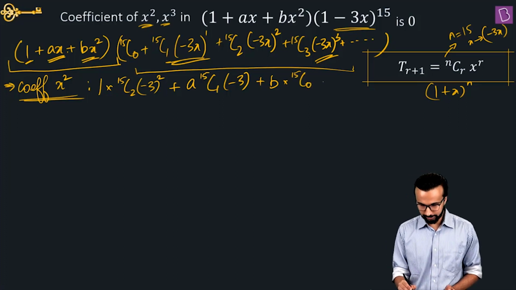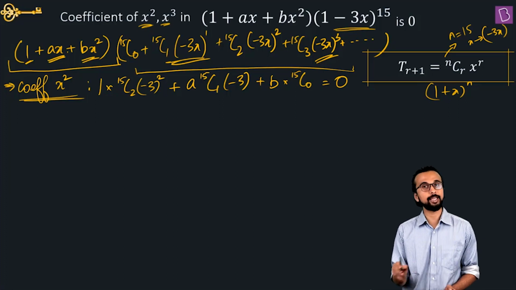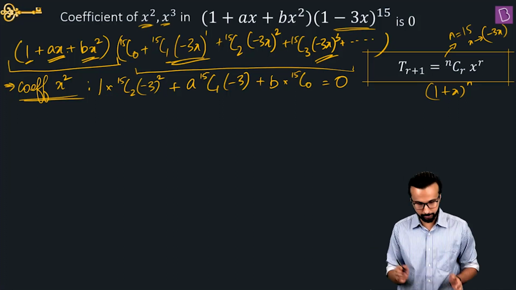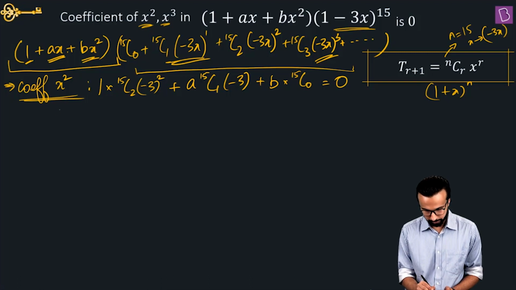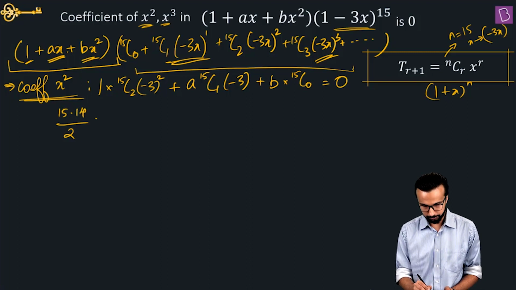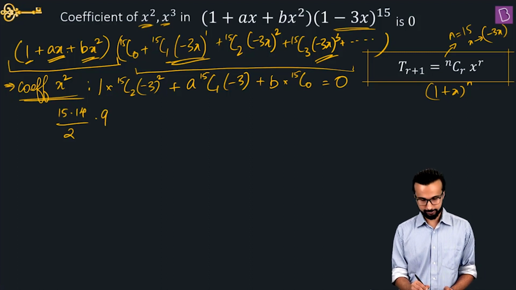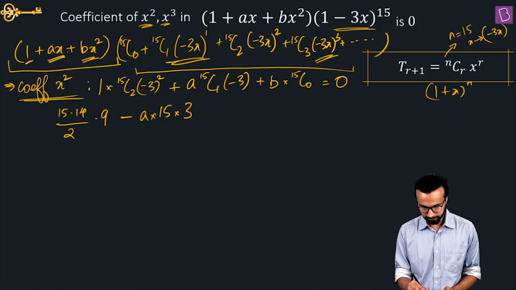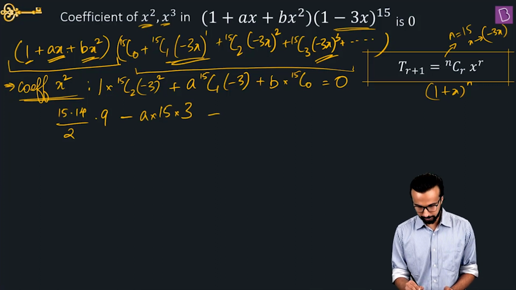Alright, so it's told to me that the coefficient of x square is 0. So from here I'll get my first equation, which is 15C2, that I'll write as 15 into 14 by 2 into (minus 3) square, which is 9, plus a into 15C1, which is 15 into minus 3. So this becomes minus 45a, plus b equal to 0.